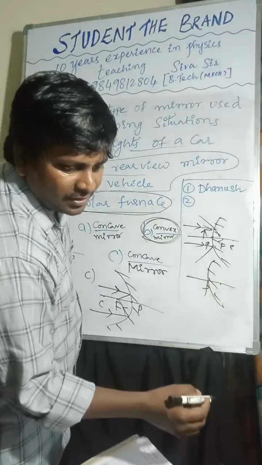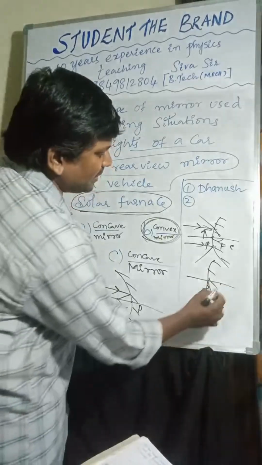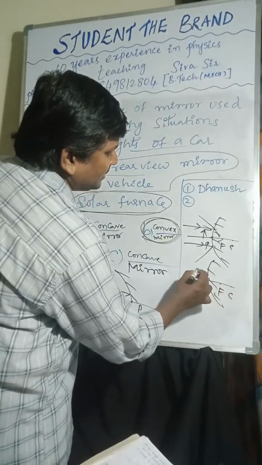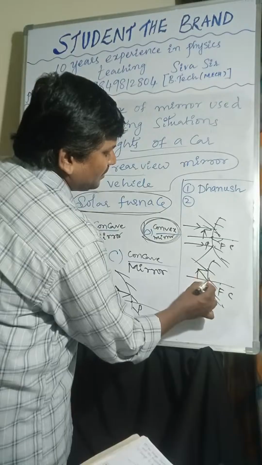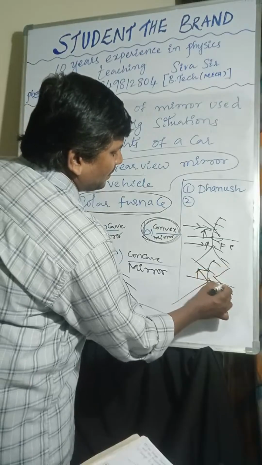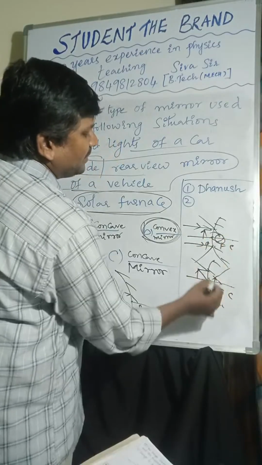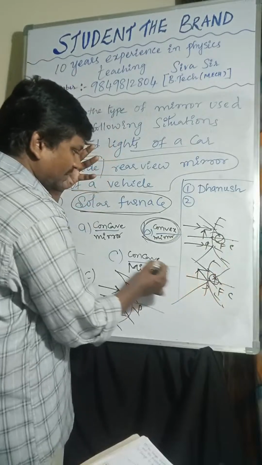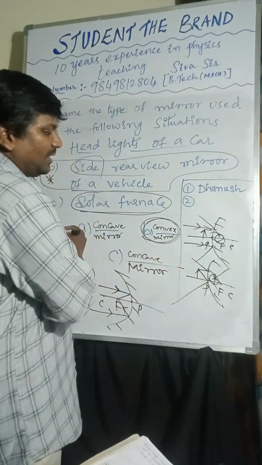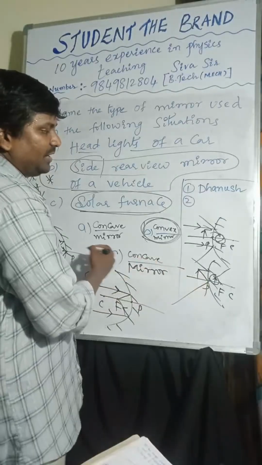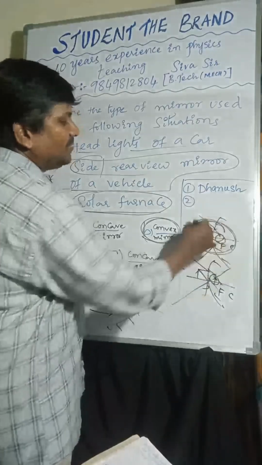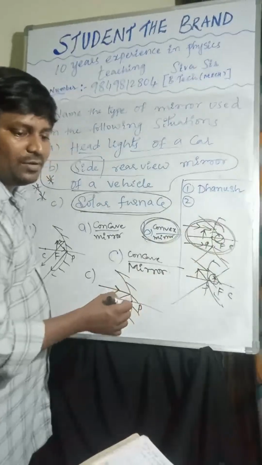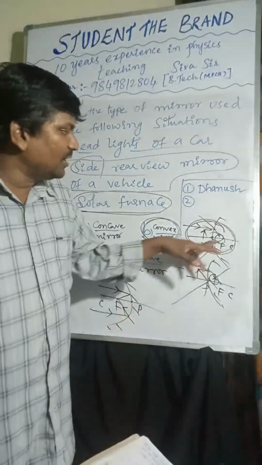Convex mirror only, right? So focus and center of curvature. If you place the object near, the image will be bigger compared to the highlighted image. As you move away from it, it is moving towards infinity. Towards infinity means the image is forming at focus only, right?